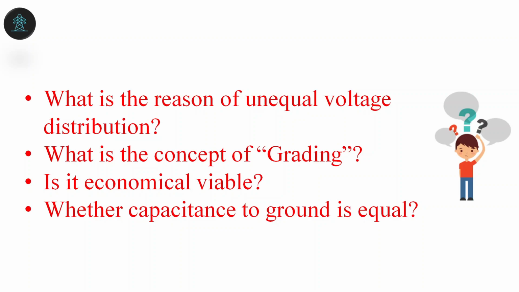Next question, is it economical? No, it is not economical at all because it is difficult for any industry to make several types of insulators. Finally, I reply to the last question, whether capacitance to ground is equal. Yes, it is considered equal. Practically, this assumption does not lead to any significant issues in analysis.